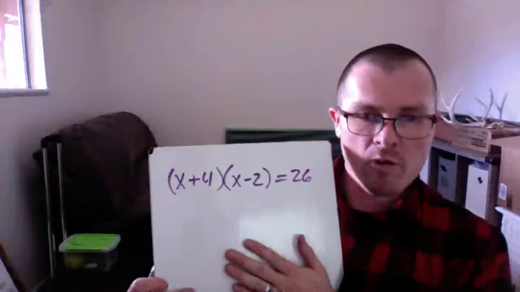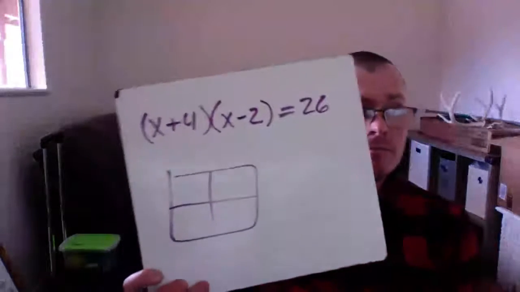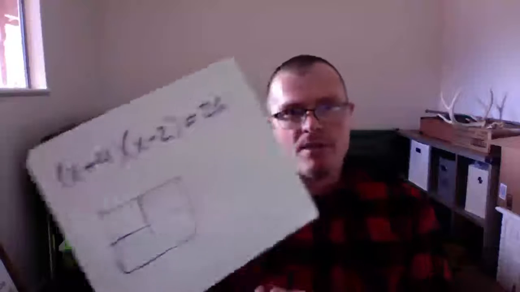So the reason I'm throwing this one up here, if you forgot, extra credit problem. To multiply this out, you have to use that box method. Again, show your work, take a picture of it, email it to me. Give you some extra credit.